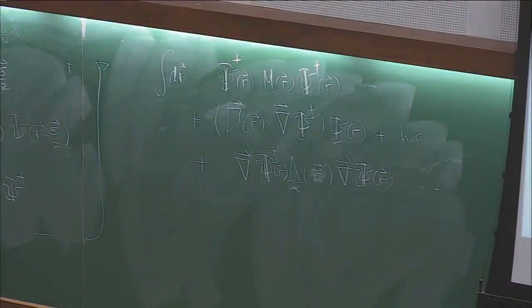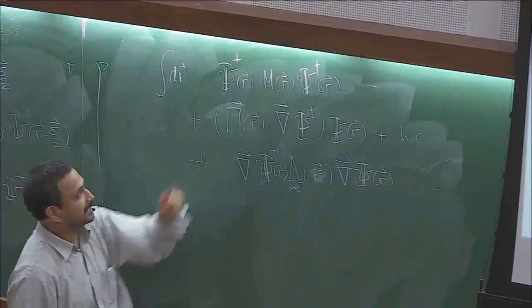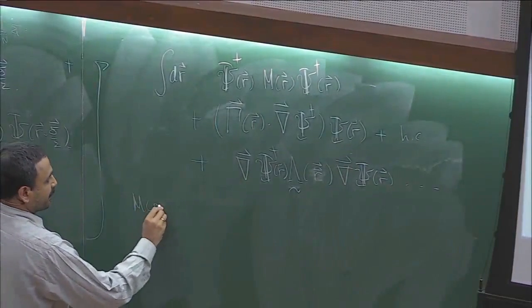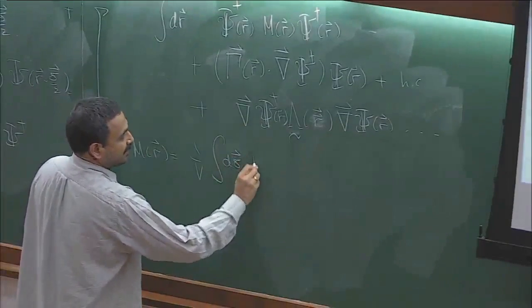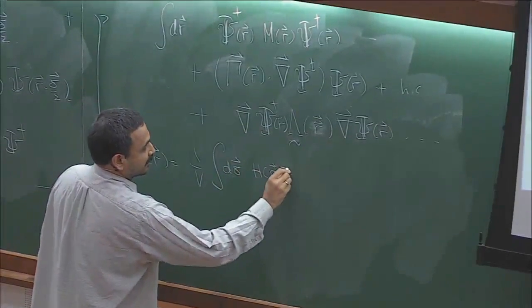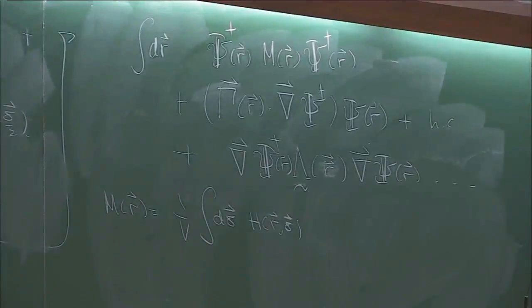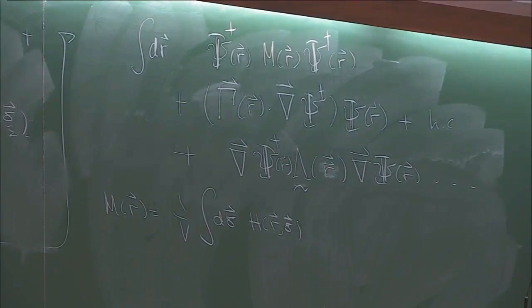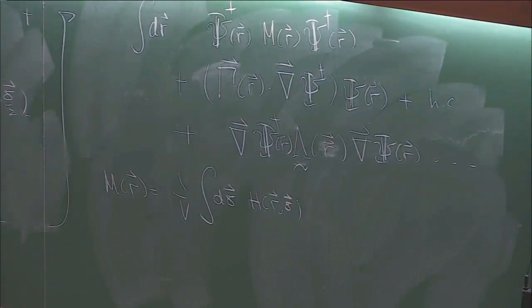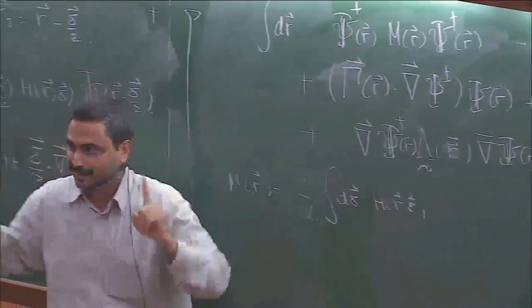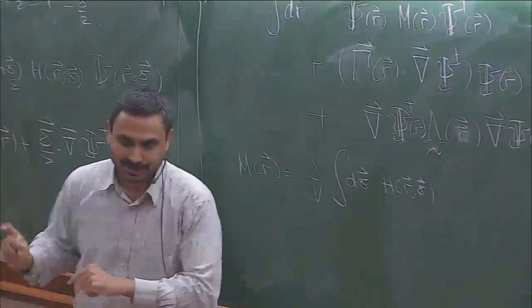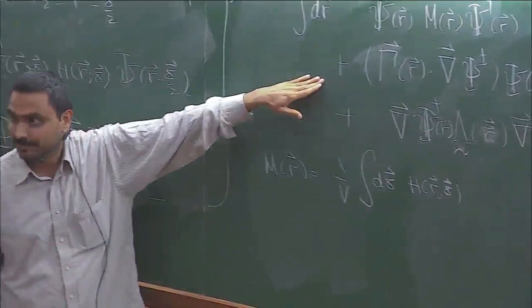So what are these matrices now? You can just see M of r is simply equal to 1 by V integral d delta h of r, delta. So what did I do here? I took an expansion like this, stuck it in here, and did a similar expansion for that, and took one term out: the leading term, with no deltas coming from the operators. Then I took the linear term, and I got this.